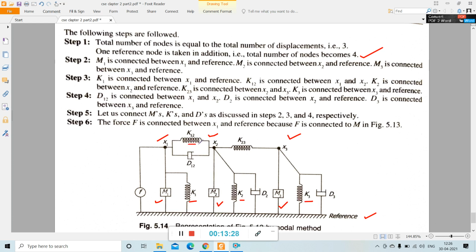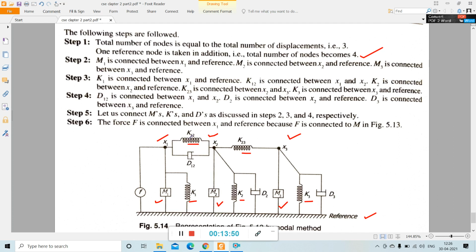K12 is connected between x1 and x2, and K23 is connected between x2 and x3. Similarly, D12 is between x1 and x2. D2 is between x2 and reference. D3 is between x3 and reference. So let's connect the M's, K's, D's as discussed in these steps.